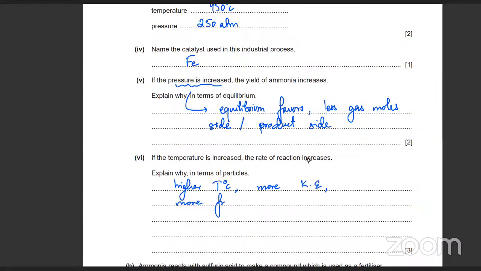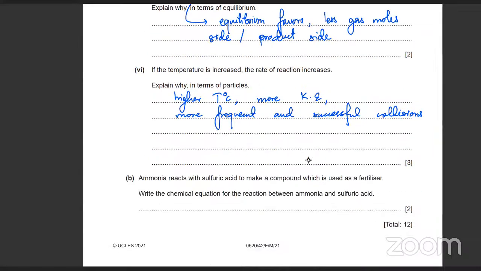So basically, more frequent and successful collisions. Because of the kinetic energy, they travel faster. You can add that. So the particles have higher speed.